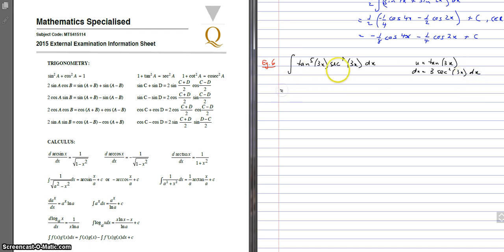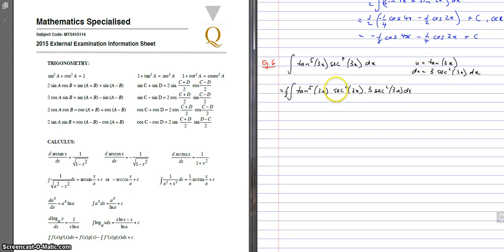Okay, so we can just do a few changes here, and we're going to change this into sec squared 3x times sec squared 3x, so that we can put our du here, but we need to have our 3 there, so we've got to put 1/3 out the front. So we've got tan power 5 of 3x times sec squared 3x times 3 sec squared 3x dx. So we can see that this part here will become our du.